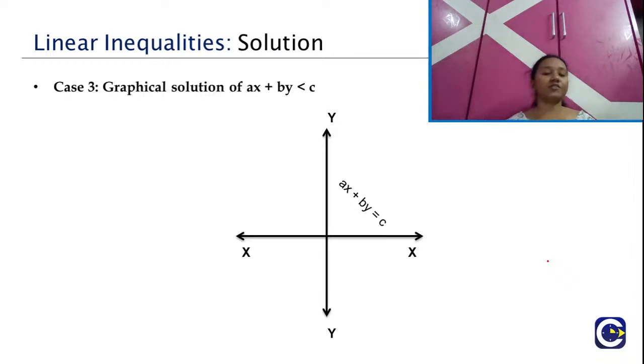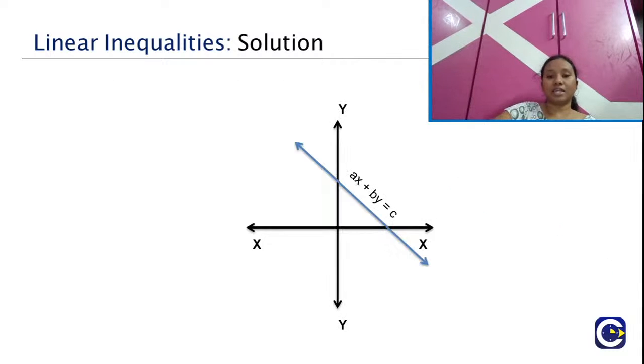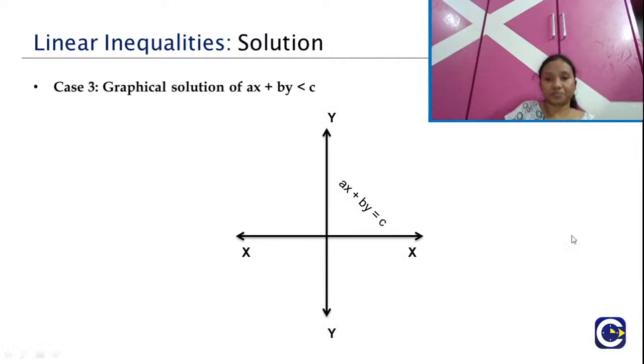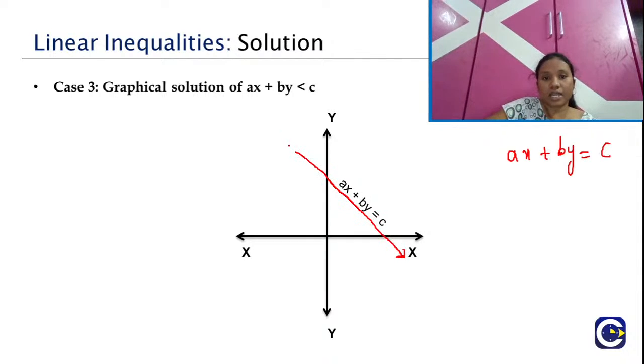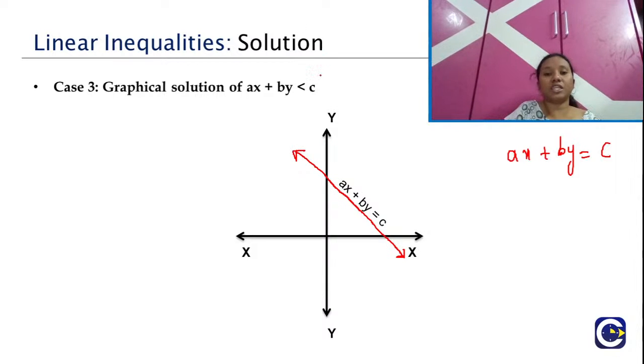The next case for a graphical solution is ax plus by less than c, or simply less than, we are having here. So ax plus by is equal to c, that is our first step. Let me take the line here. So this is my line. And what is my inequality here?